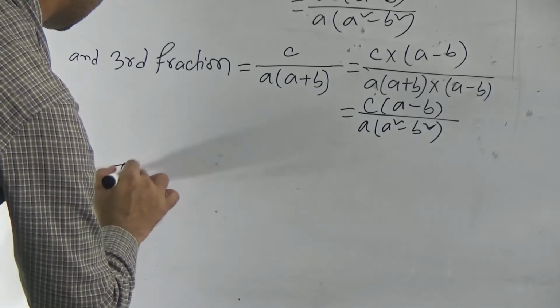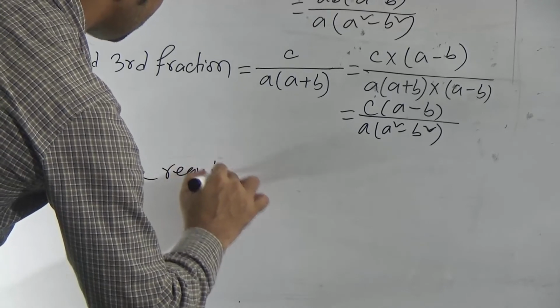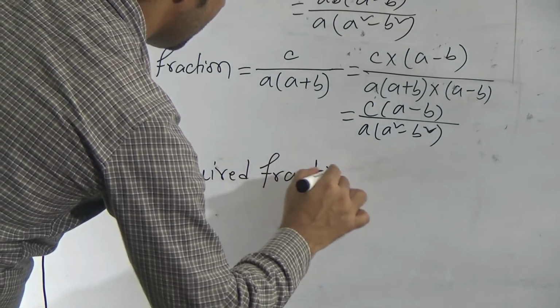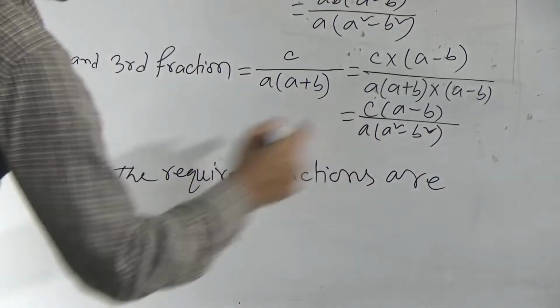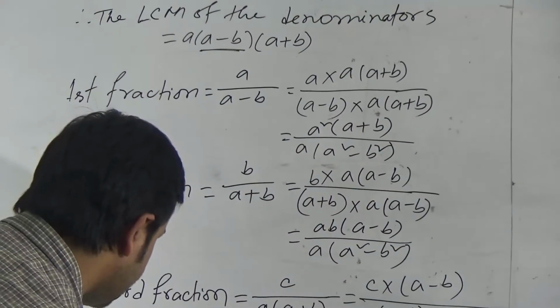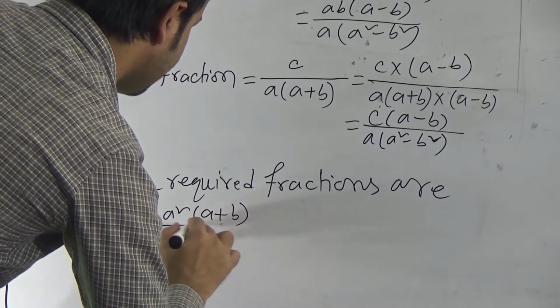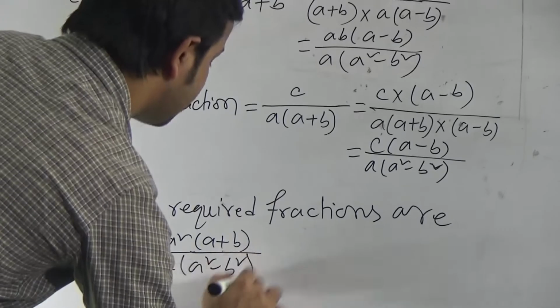Therefore, the required fractions are: first one is a square into a plus b divided by a into a square minus b square.